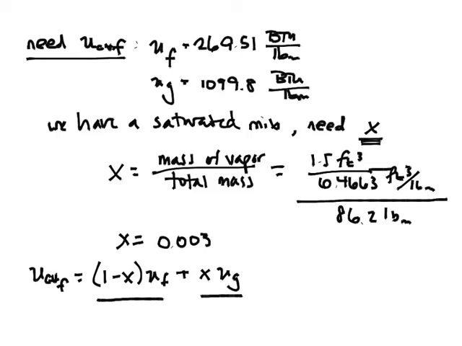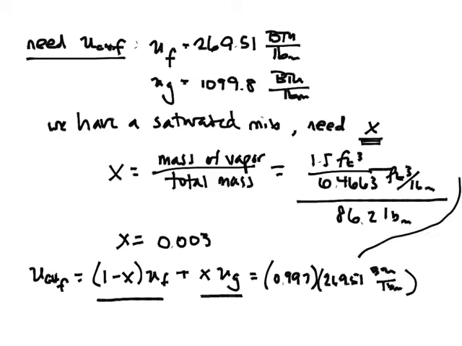Okay, we know all these values. When we plug them in, 0.997 times 269.51, and this is BTUs per pound mass. Remember, this value just came from here.